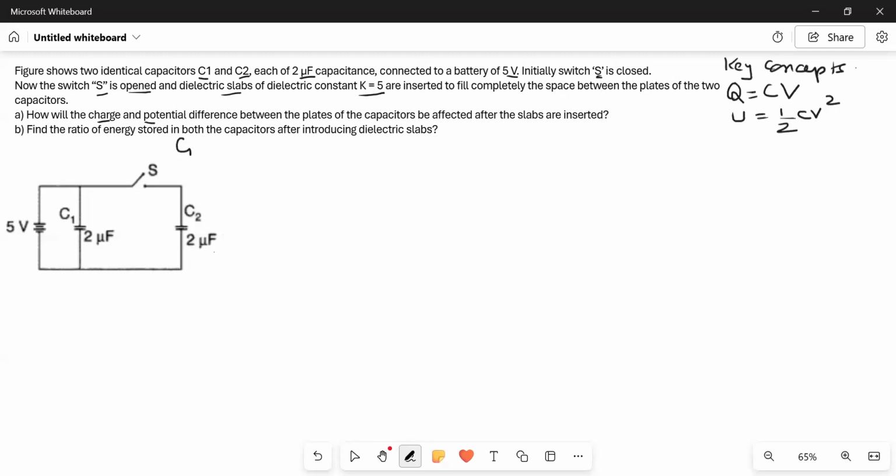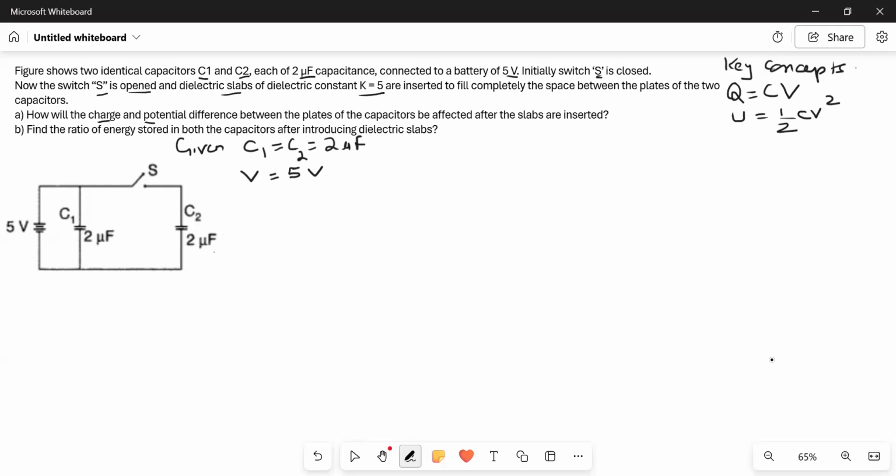So what is given is the two capacitors, capacitance is given equal to 2 μF, and there is a battery connected. The two capacitors are connected to a battery of 5 volt.